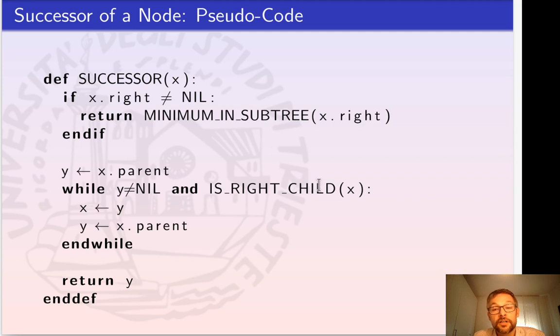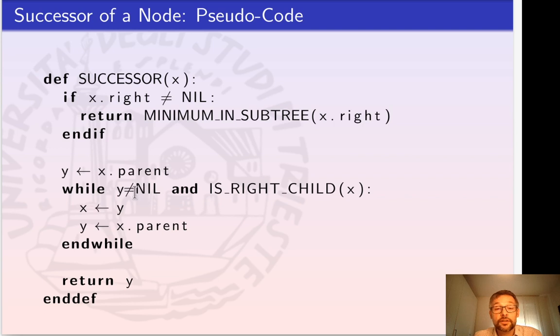If the node we are dealing with is the left child of its parent, then its parent is the nearest right ancestor of the node which was passed as parameter of successor, so we may return it.